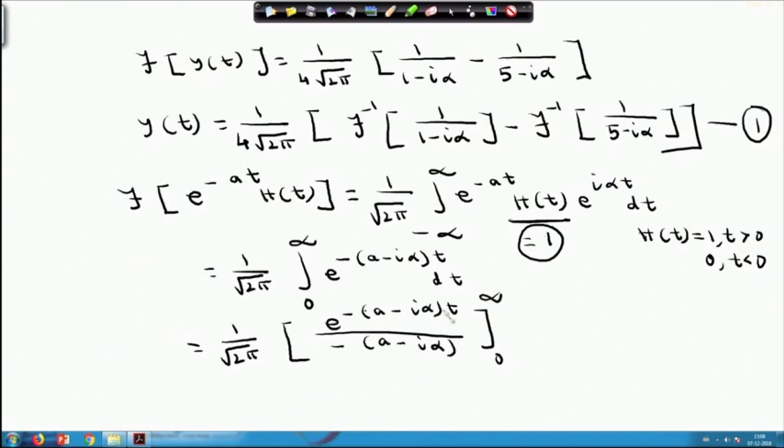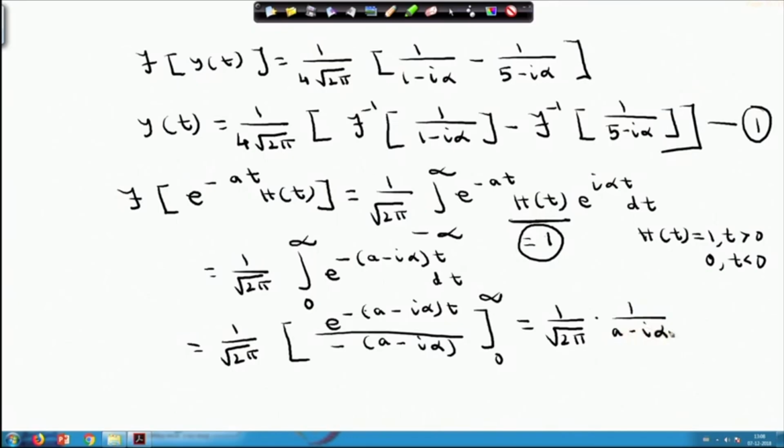For infinity the value will become 0, and for 0 it will become 1 by (a minus i alpha). So your result will be 1 by root 2 pi into 1 by (a minus i alpha).